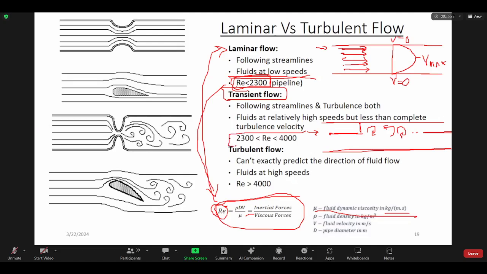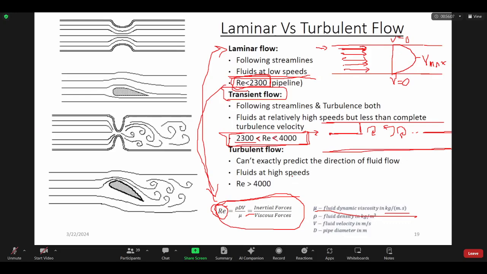You can identify it using the Reynolds number: Re should be greater than 2300 and lower than 4000.